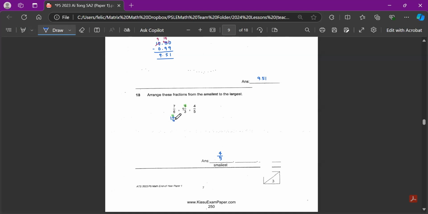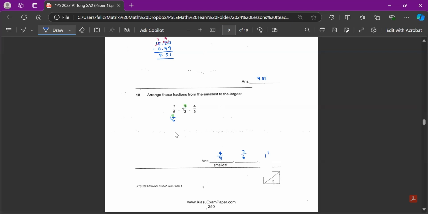That means the one with the bigger denominator is a smaller fraction. So you just imagine the same cake, I eat 1 over 6 from it versus if I eat 1 over 3 from it. Obviously, the one that I cut into 1 over 6 is a smaller portion as compared to the 1 over 3 portion. Okay, so 7 over 6 will be your next smallest.